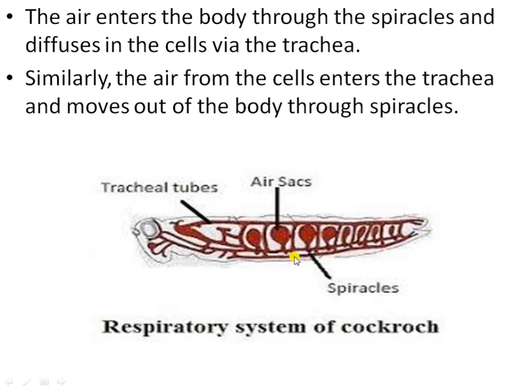In the cells the oxygen diffuses in, and simultaneously the carbon dioxide diffuses out into the tracheal tube, which finally leaves through the spiracles. Firstly, the oxygen-rich air goes to the spiracles, then to the trachea, then to the tracheal tubes, and then to all the body cells. Okay, this is the respiratory system of a cockroach.